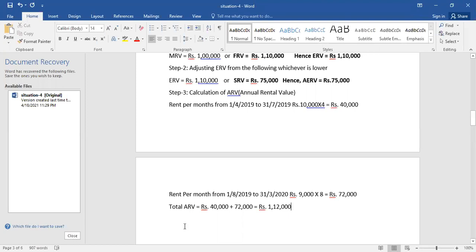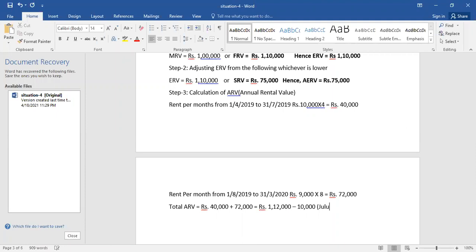Yeah. Now we have to calculate. Now this is the actual rental value, but in fact, in this, have we received the July month amount? No, right? No, sir. So now 1,12,000 minus the rent amount which I have not received for July month to June.